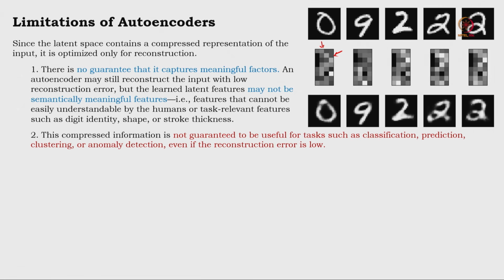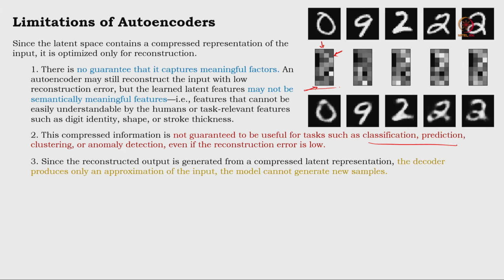We might modify the autoencoder architecture and then use these features for classification, prediction or clustering, but it is not possible. That is the second limitation. Although we cannot say it is not possible, there is no guarantee that you get a very good classification result or prediction result. That is the reason these latent space features cannot be used for the following tasks.